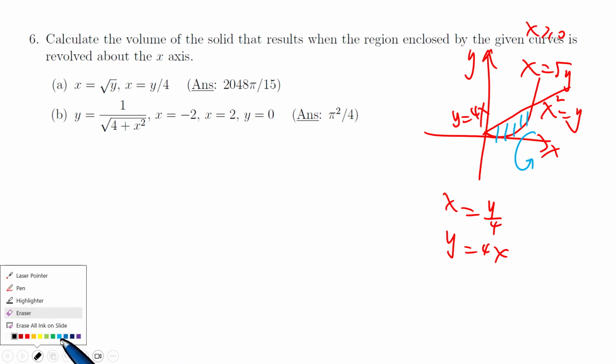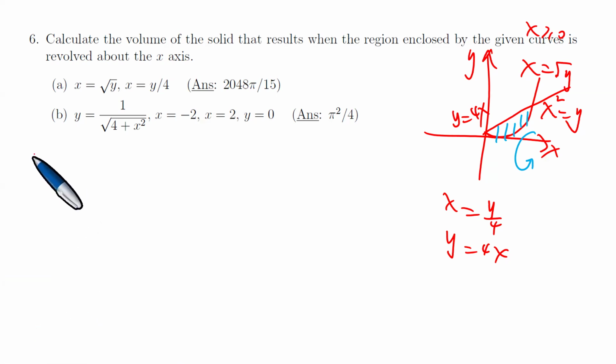Which means the volume becomes the integral of the following. You decide to integrate from this to that because it's about the x-axis. Now, I want us to find the point of intersection of these two graphs.